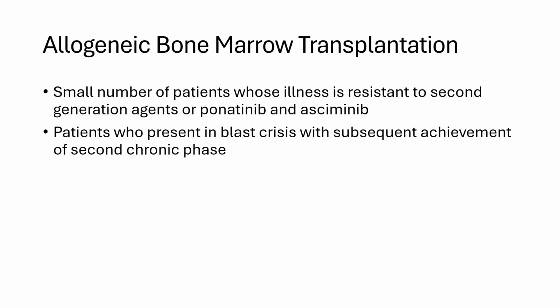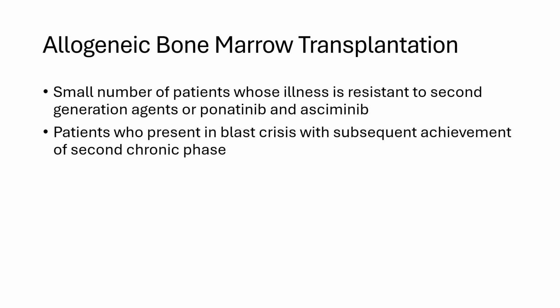Yeah, allogeneic bone marrow transplant. Sometimes if people present in blast crisis, once you treat them, you achieve what we call a second chronic phase. Based on the natural progression of CML, they should have started in chronic phase and then progressed to blast crisis, and by treating them, you get them into a second chronic phase.